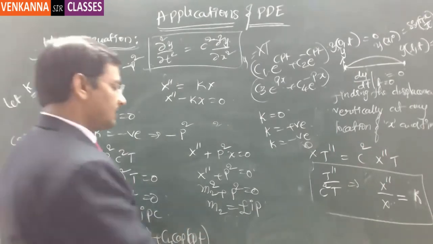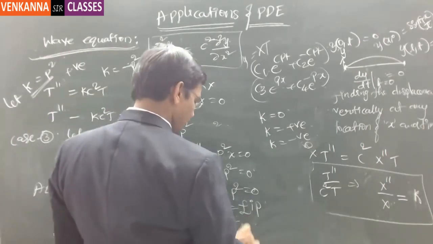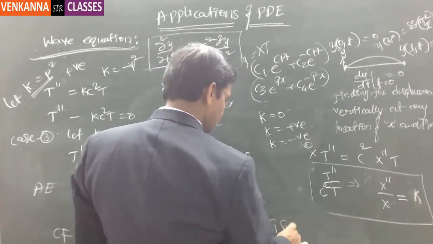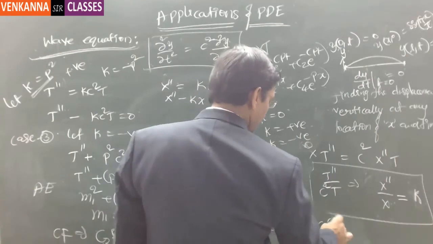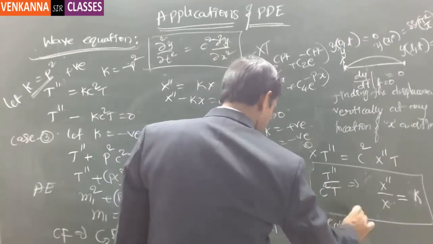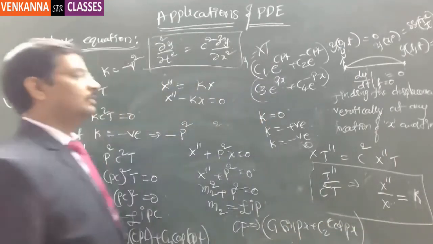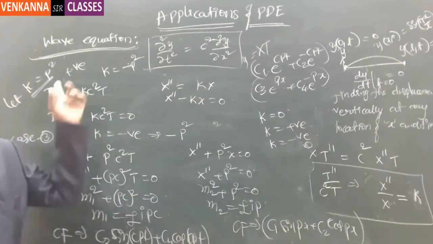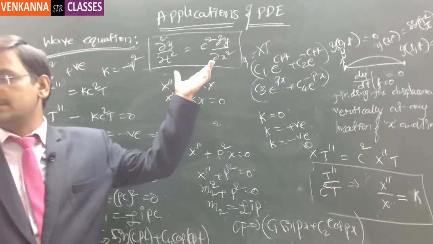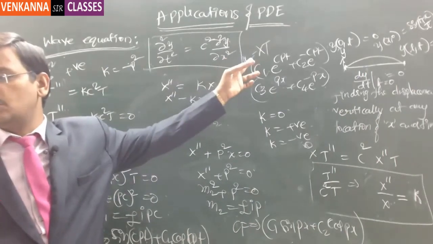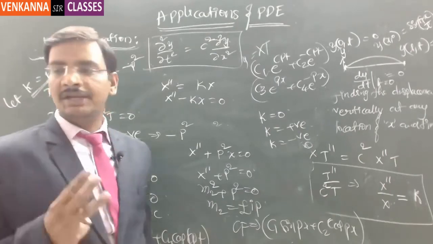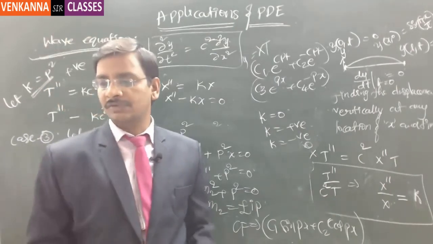And on the right side also, the complementary function is c1 sin px plus c2 cos px. So this is the solution. Now the complete solution is going to be the product of these two, because we assumed the initial solution as y equal to X times T. Got it? So we have got 3 different solutions for 3 different values of k.